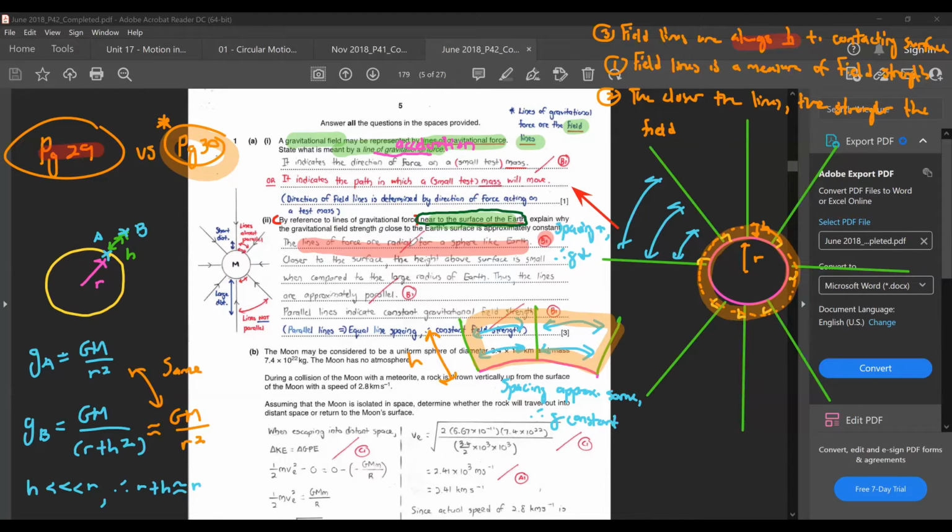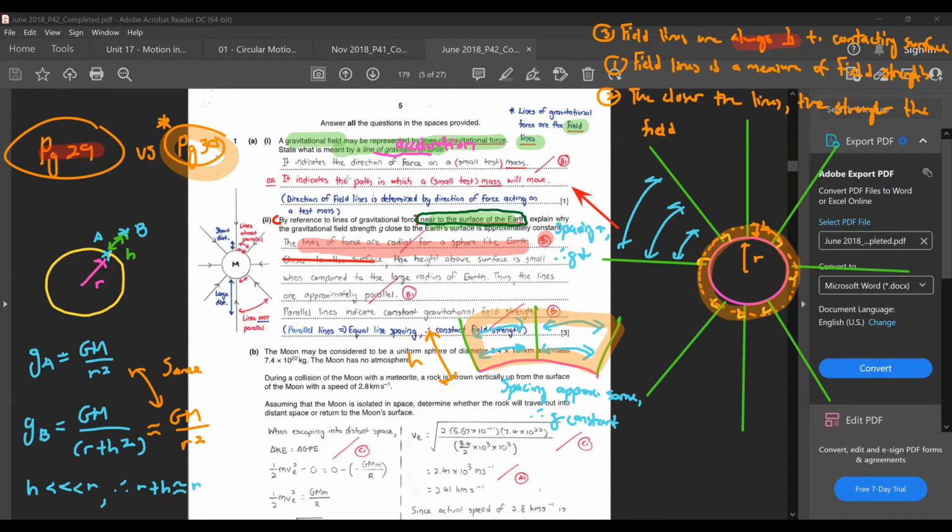What I could say is, now that I read it closely, the height near the surface is small. The height above surface is small. Actually, you don't need to write this statement, closer to the surface.